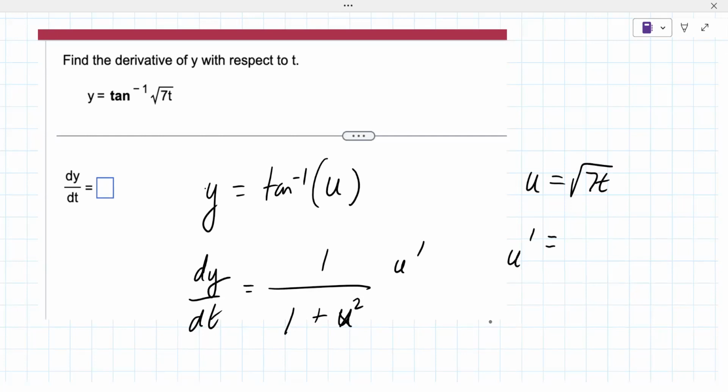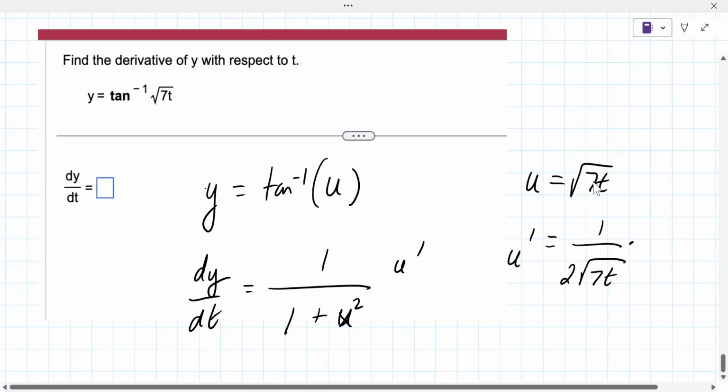Would it be 1 or 2 over 7t? Is that how you told me to do it? Well, yeah, it's 1 over 2 square root 7t, but there's a little bit more because there's a chain rule part of this. You could make it the square root of v, and v equals 7t.